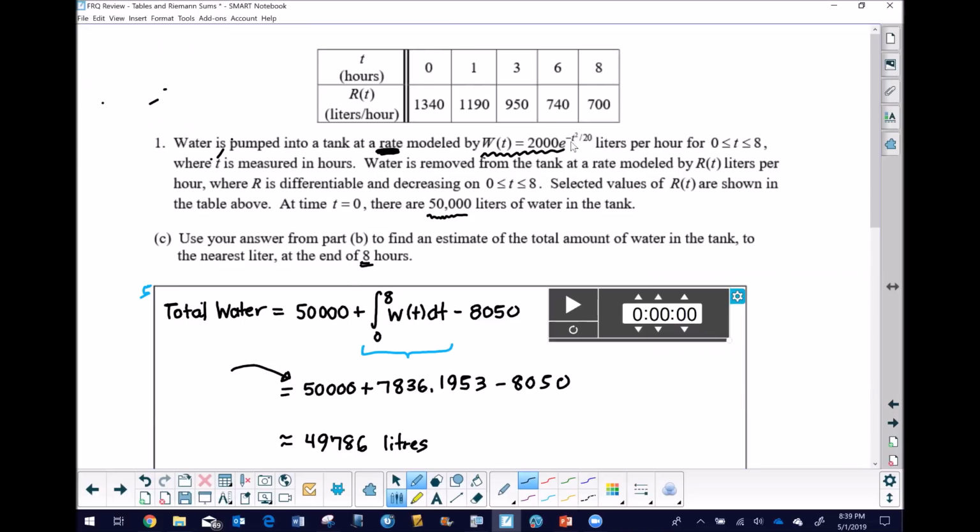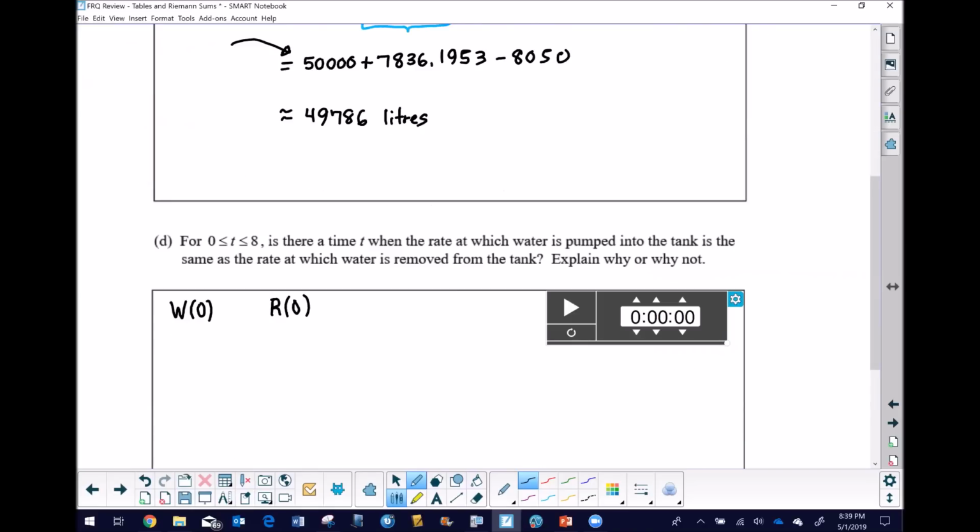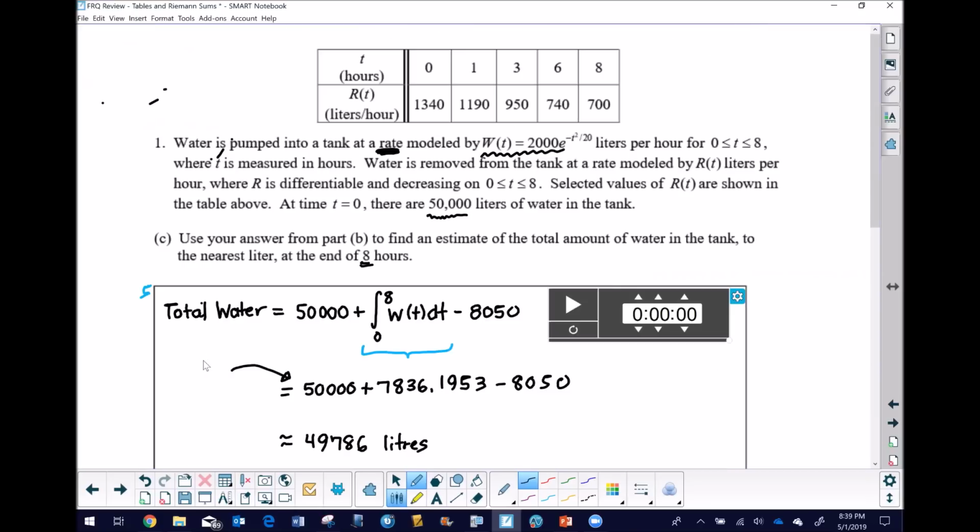W of 0 is 2000, is that right? You're replacing this t that I'm pointing to with 0. That's going to cause e to the 0 to become 1, and we have 2000 as our rate. Okay, that was the hard one, you guys. Let's do the easy one. What's R of 0?